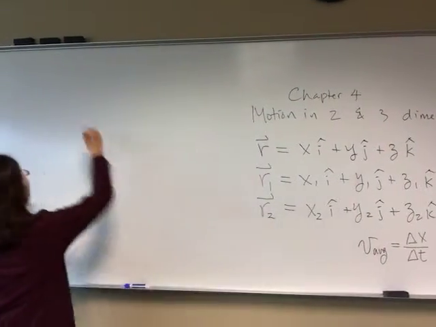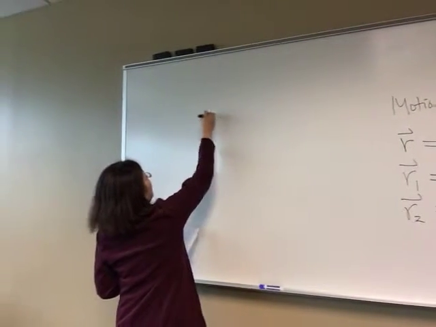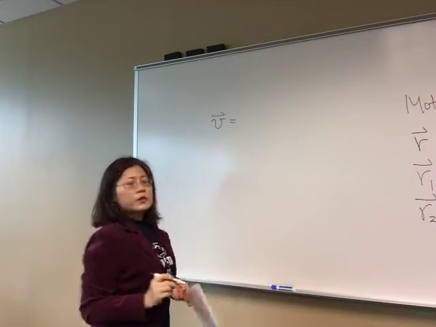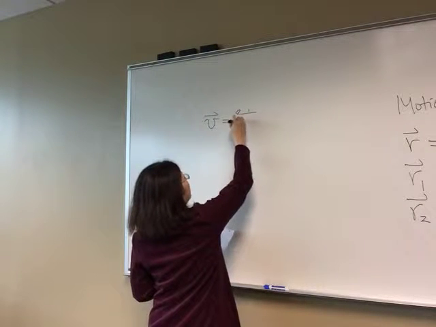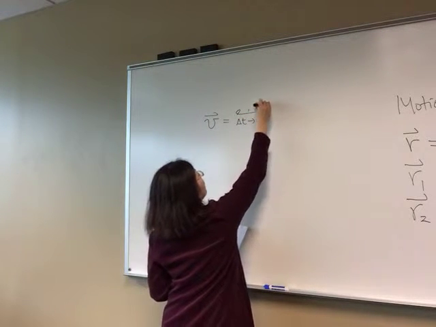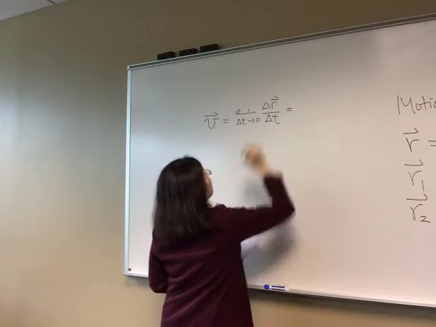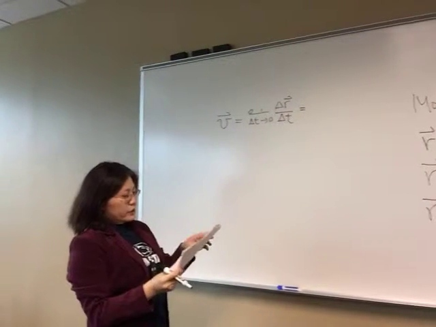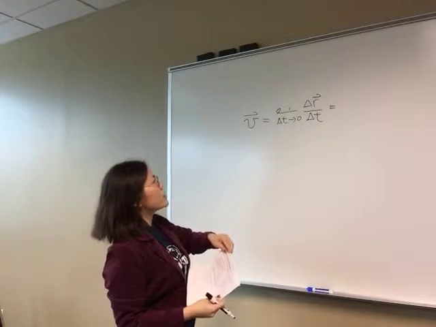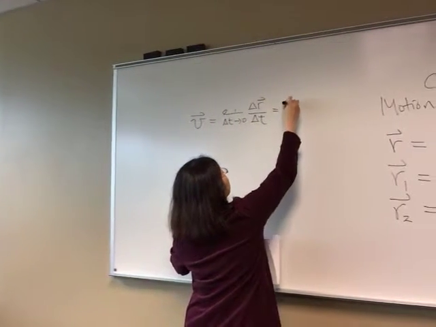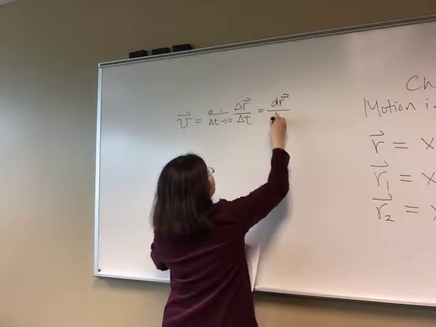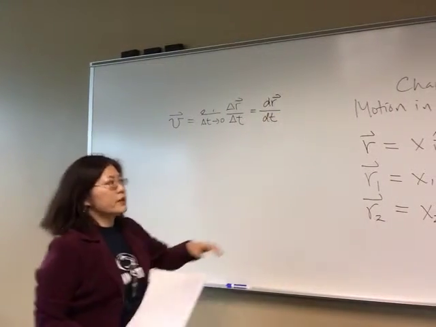What about the instantaneous velocity then? To find the instantaneous velocity, remember, it would just be making the time so small, and then using this, you have your delta r over delta t. Okay, so what we have here is just your dr over dt, and r, of course, is this.